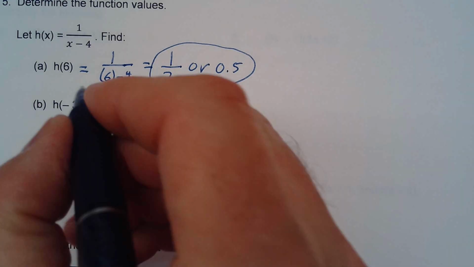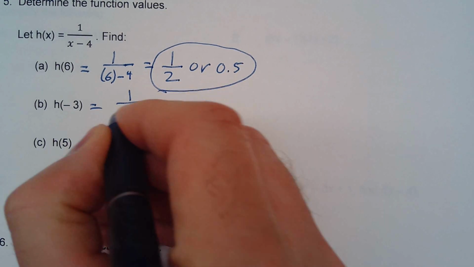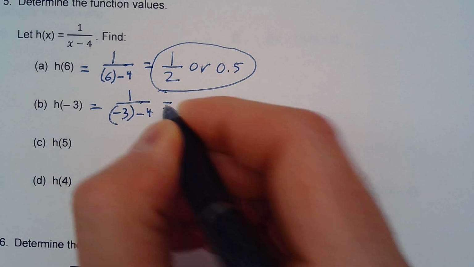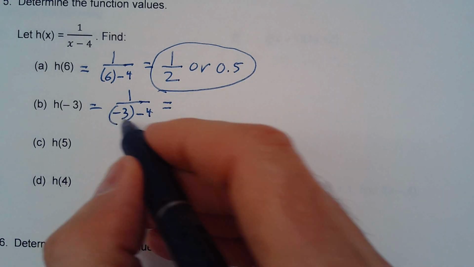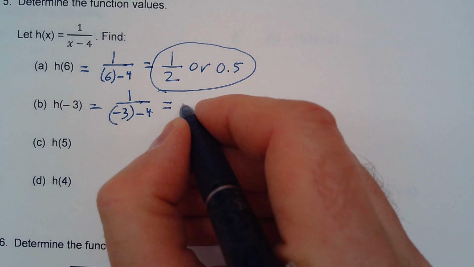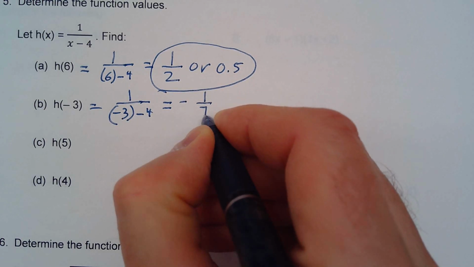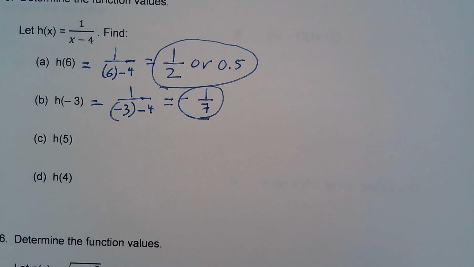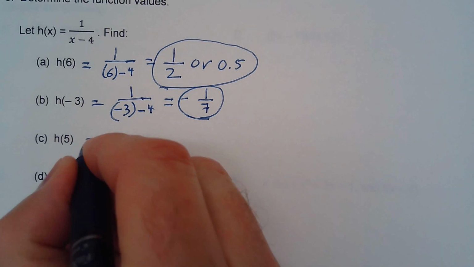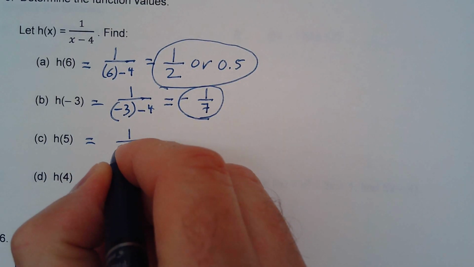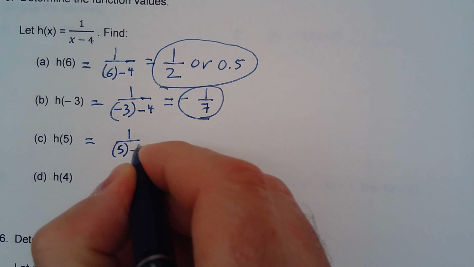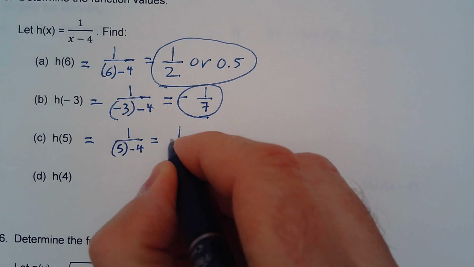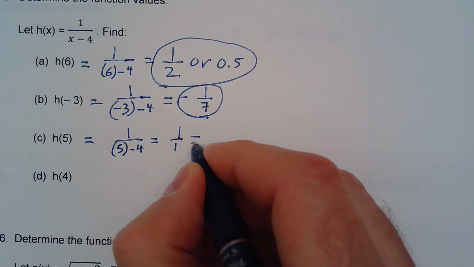Let's do the -3. So we're just plugging in. -3 and -4, those add up to -7, so we're going to get a -1/7. Let's do 5. So that's going to be 5 minus 4 is 1. 1 over 1, that's just a fancy way of saying 1.